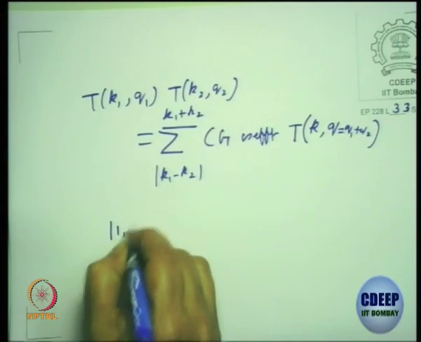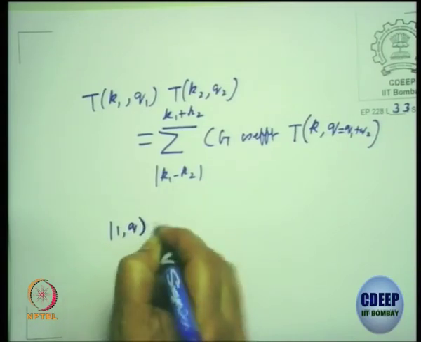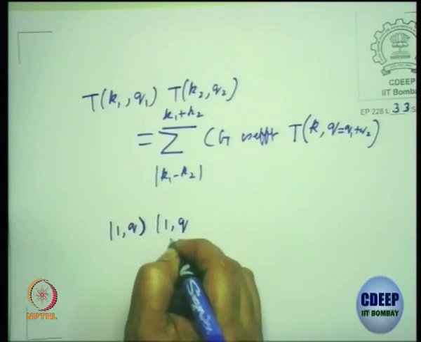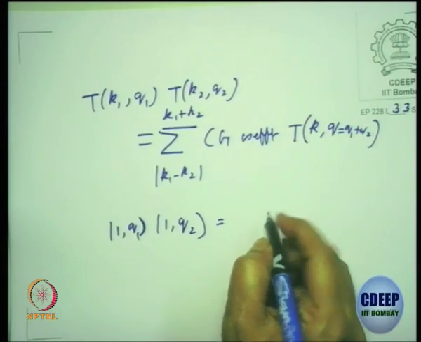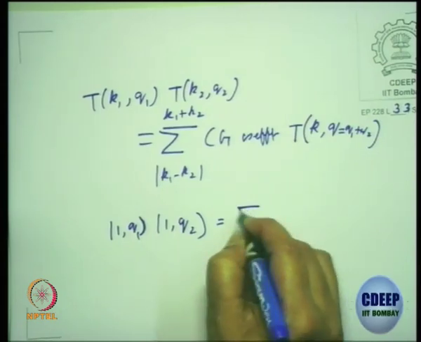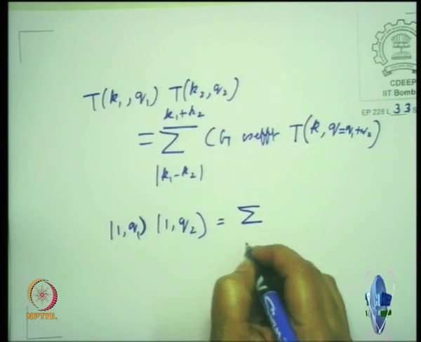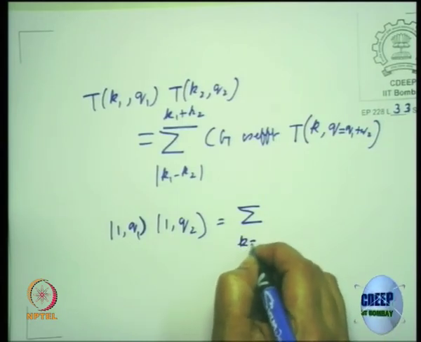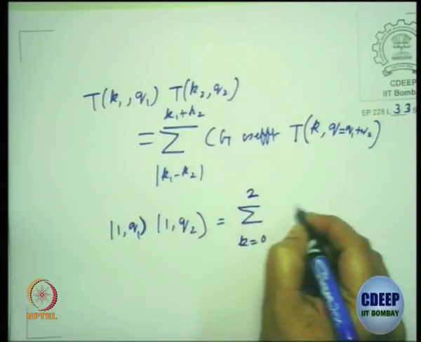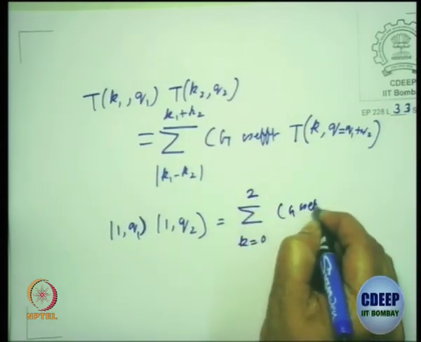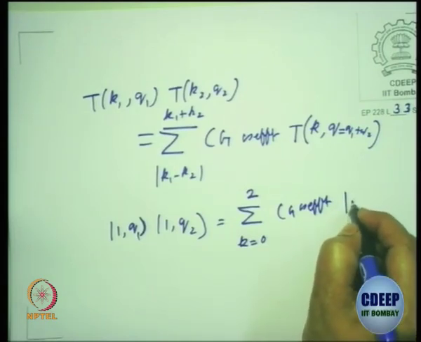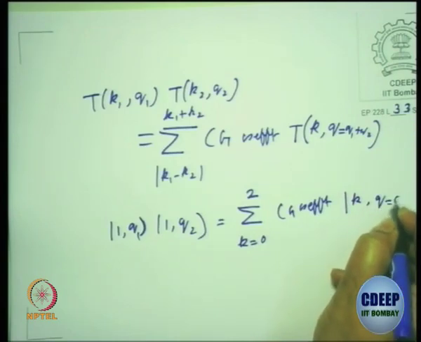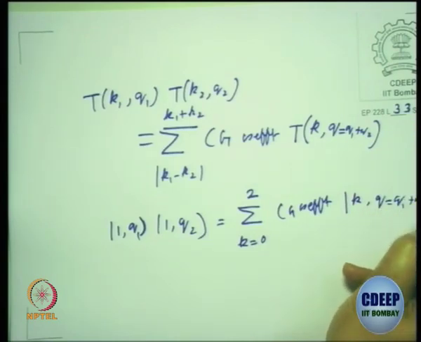So whenever we take 1 comma Q1 and 1 comma Q2, you will get this as some linear combination of K going from 0 to 2 with CG coefficients. This is what I am saying.